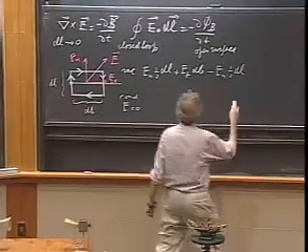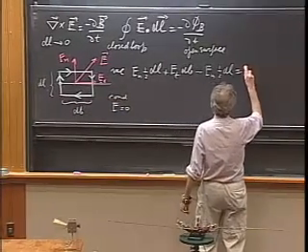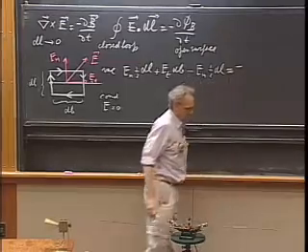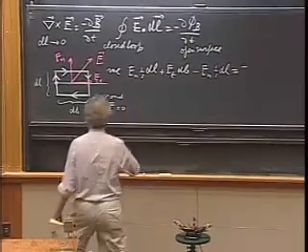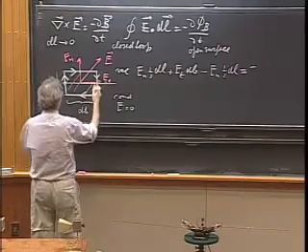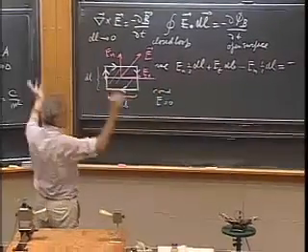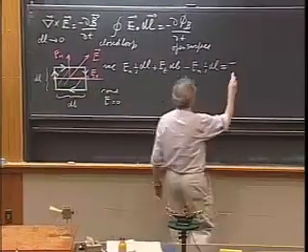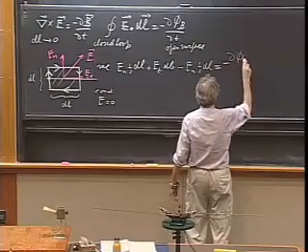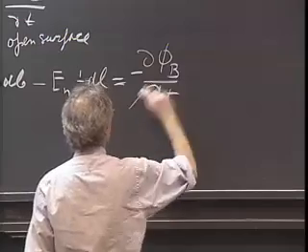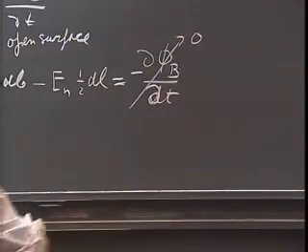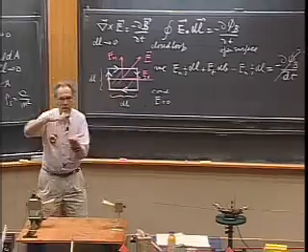So this now becomes minus the change of the magnetic flux through that surface, or a surface that bulges out in the audience, I don't care. It is minus d phi B dt. And that goes to 0 because I'm going to make dl 0, so there is no surface left.